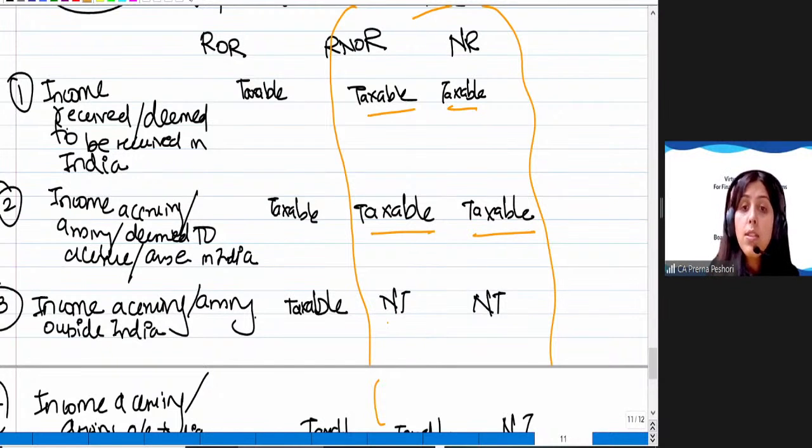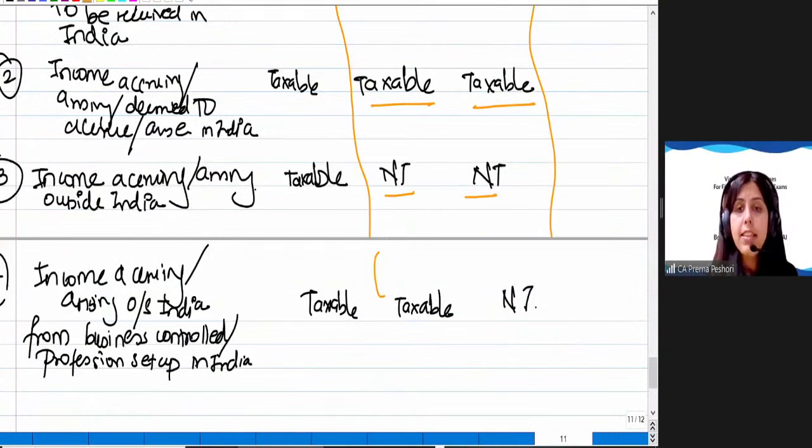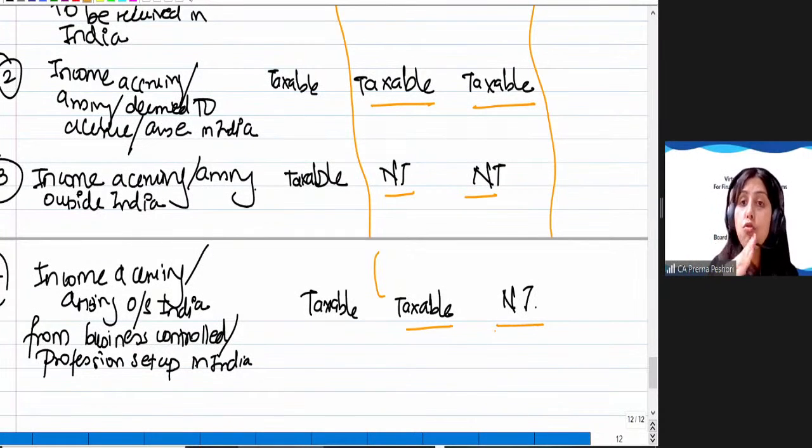Income accruing outside India is not taxable for both. And the only difference arises here. So what is the difference? Income accruing or arising outside India from a business controlled or profession set up in India. This is taxable for RNOR, not taxable for NR.